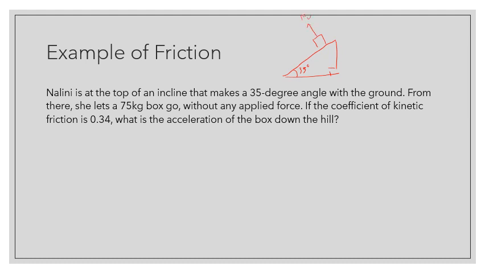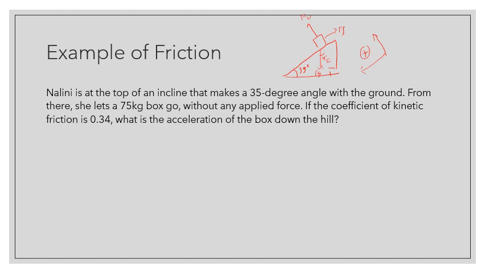This is the normal force, the force of friction back here, and down here we have the force of gravity that is broken down into its components, 35. And we will have this as our positive reference frame.